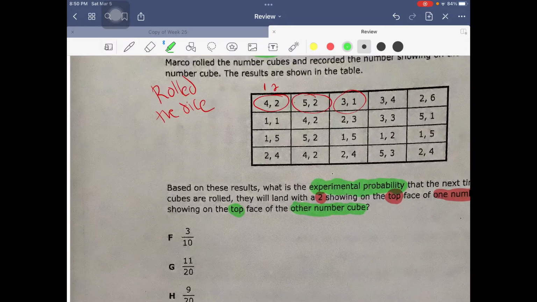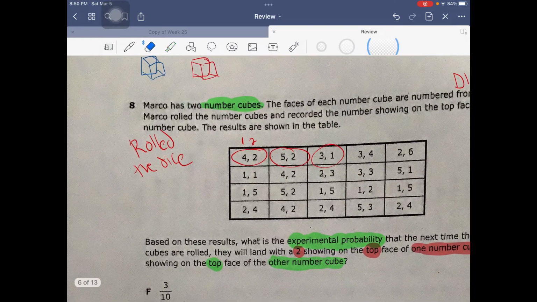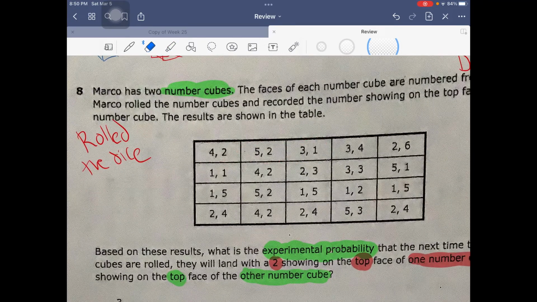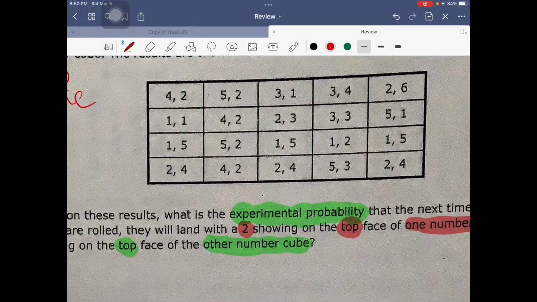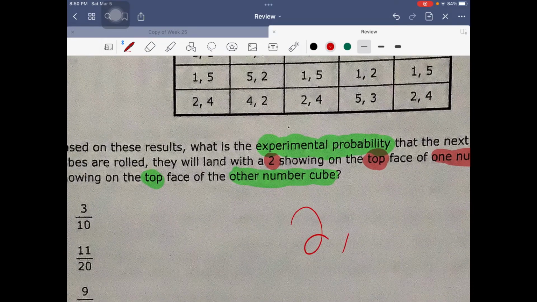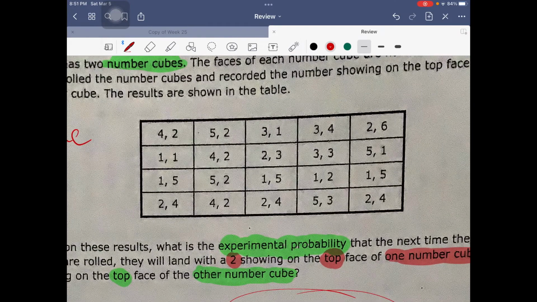Okay. Basically, what it's asking is how many have a 2 and a 4? How many rolls did we get 2 and 4?